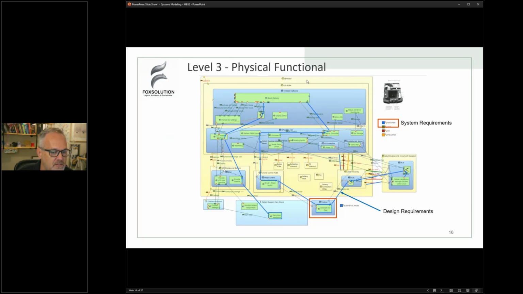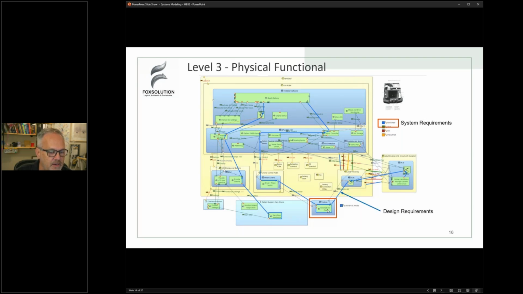So we have this very clear understanding now physically of how it's deployed. One of the things that we want to be able to do then, if we look at this system requirement right here, is that the system requirements are now related to these functional chains. So the question you have to ask yourself is, this blue functional chain, if it works properly, what is the outflow of that chain? It's a different question than the second thing, which is really this design requirement outflow.